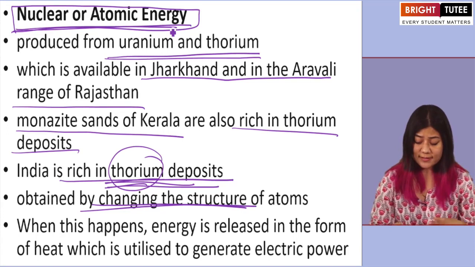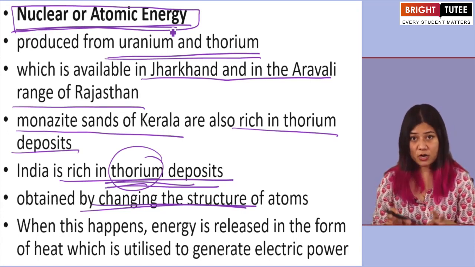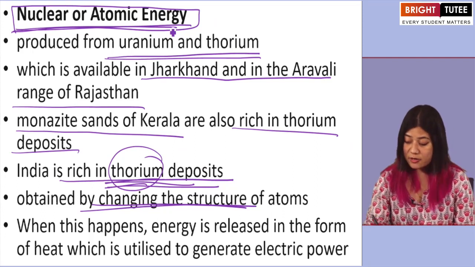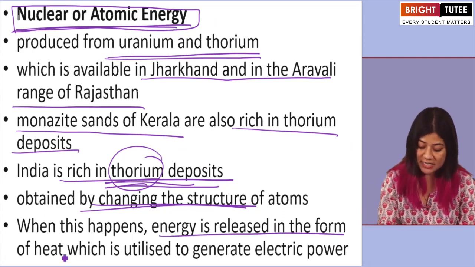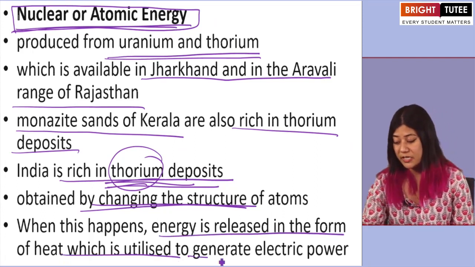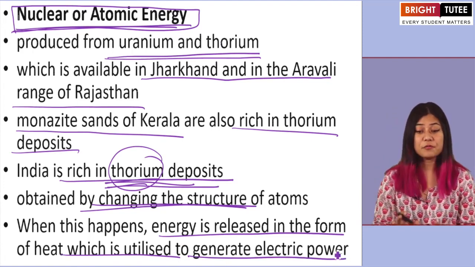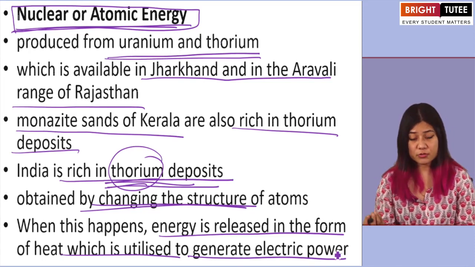So when the change of atomic structures in the uranium and thorium takes place, energy is released in the form of heat, which is utilized to generate electric power. Okay, so this is how nuclear or atomic energy is produced.